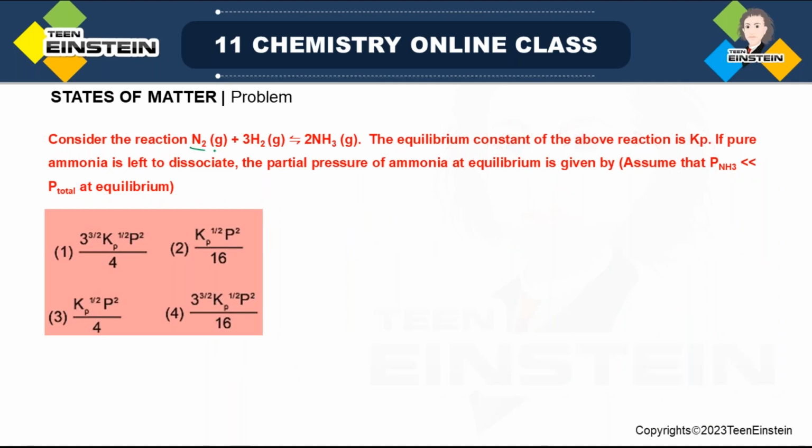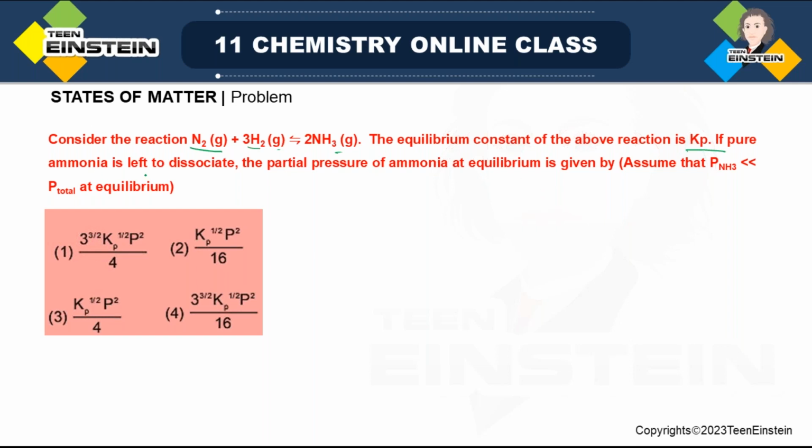Consider the reaction: nitrogen gas, 1 mole, and hydrogen gas, 3 moles, in a 1:3 ratio. On the product side we are getting 2 moles of ammonia. This is a balanced equation, and this is also gaseous. The equilibrium constant of the above reaction is Kp.